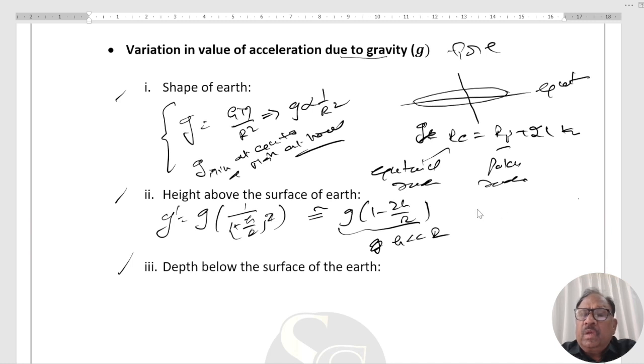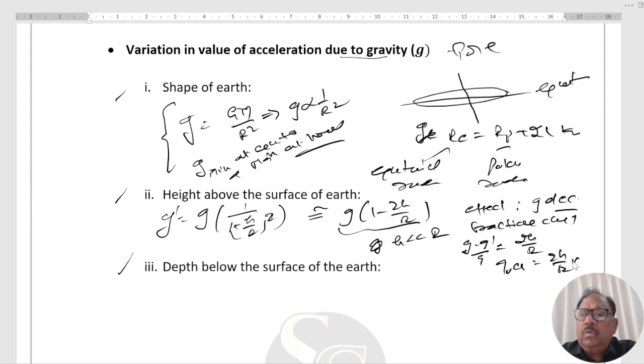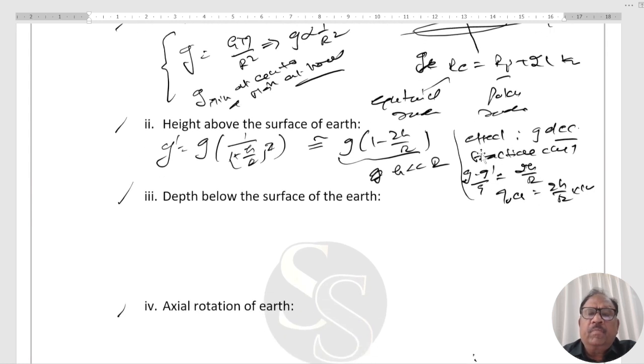In this case, the effect is that g decreases with height. Fractional change, (g minus g dash) upon g, comes out to 2h upon R. Percentage change is 2h upon R into 100. This is all about this.